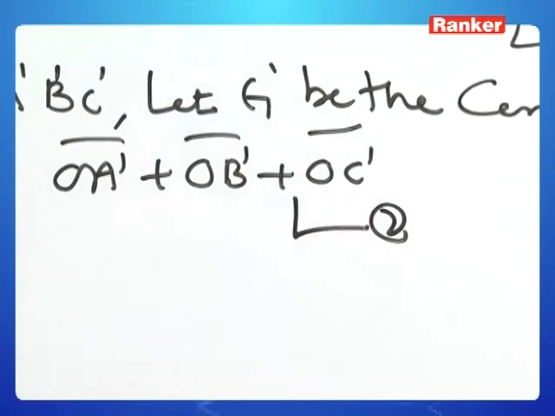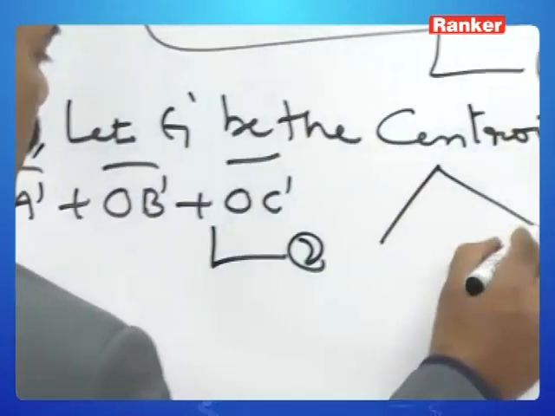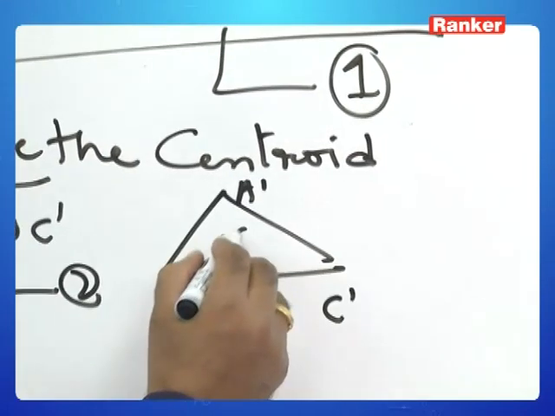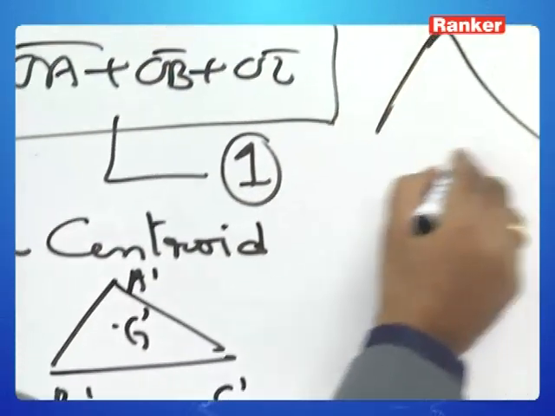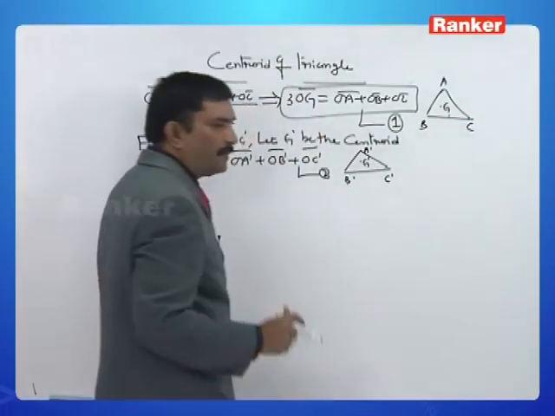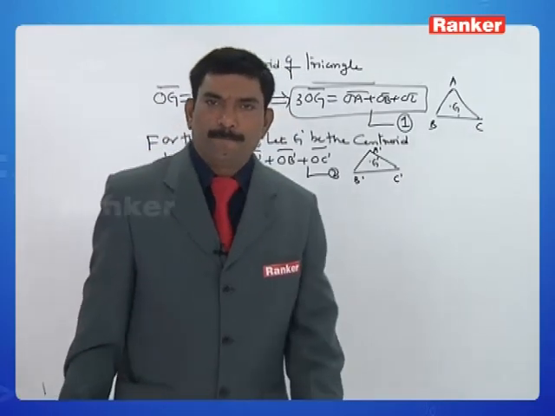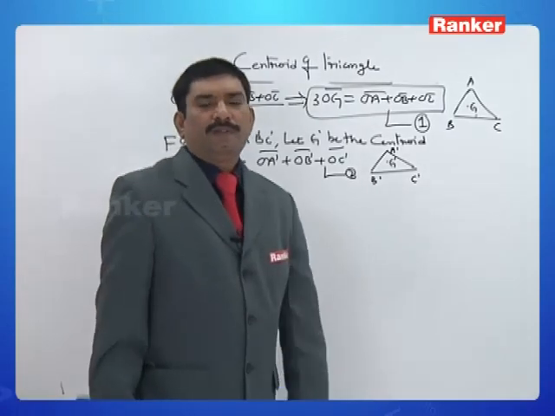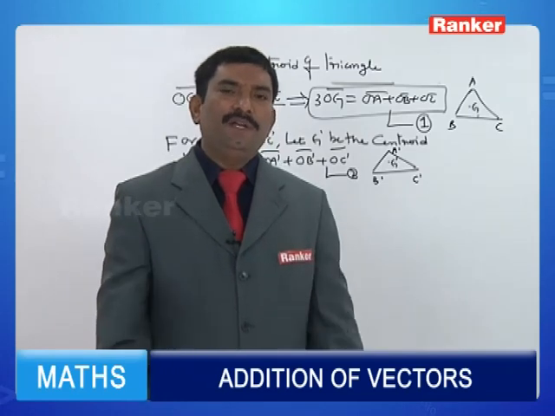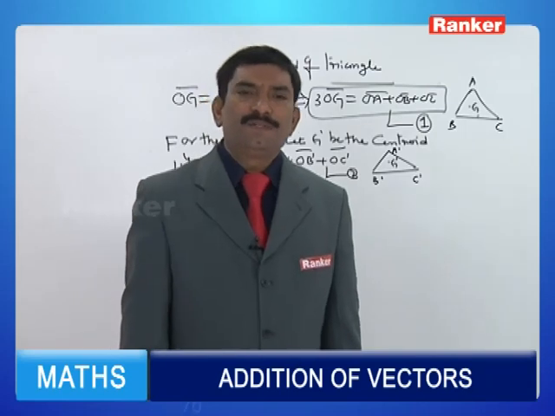Now, my theoretical question: take the triangle A dash, B dash, C dash with centroid G dash, and for triangle ABC, this is G. When G and G dash are the centroids of the respective triangles, we could find 3 into OG bar is equal to OA bar plus OB bar plus OC bar, and 3 into OG dash bar is equal to OA dash bar plus OB dash bar plus OC dash bar.